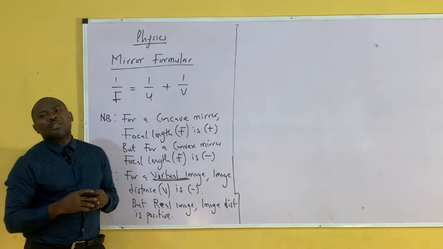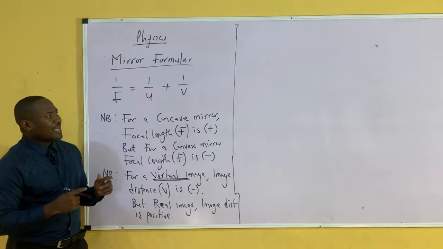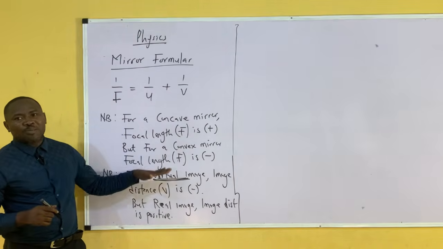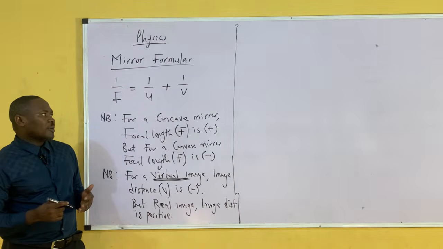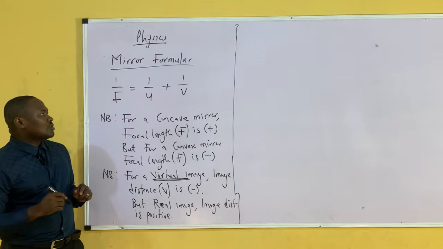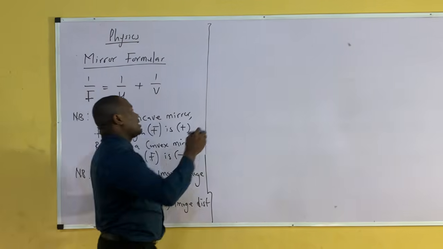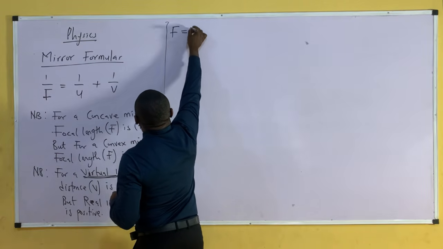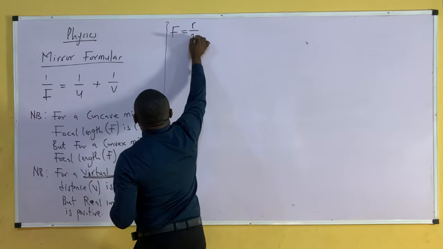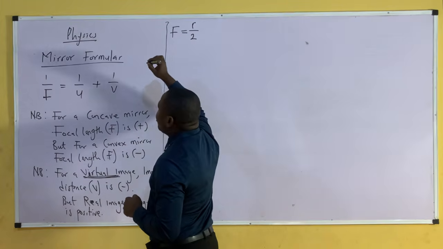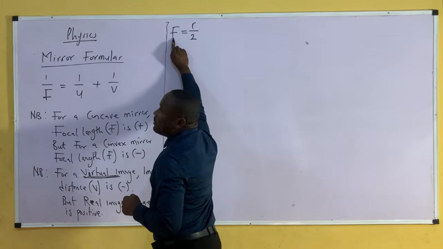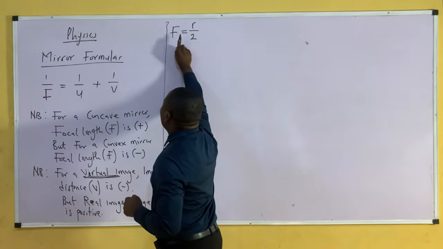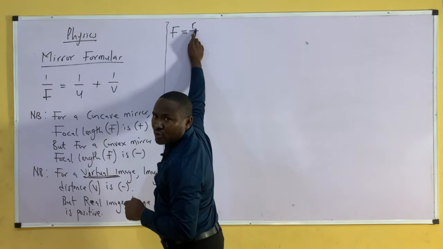So we'll be looking at some questions and you'll be seeing all of these things playing out as we do them. Now, please take note. You know that we said that focal length is equal to radius of curvature divided by 2. So anything applicable to focal length is applicable to radius of curvature.